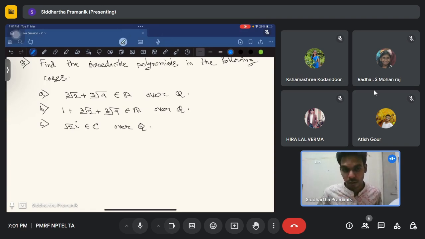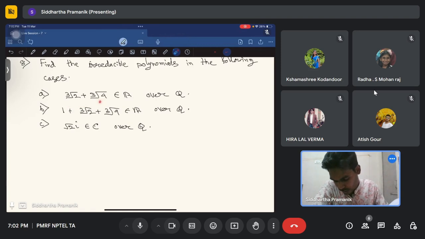So first we should try to find a polynomial which has a root as this element. Then we will check whether that polynomial is irreducible or not. So can you find a polynomial which has a root exactly equal to this element?